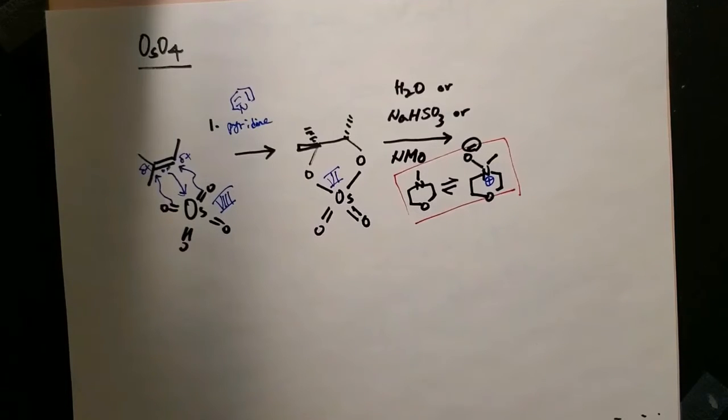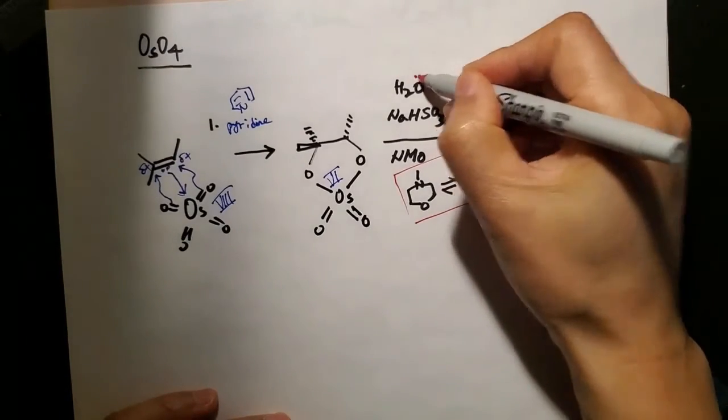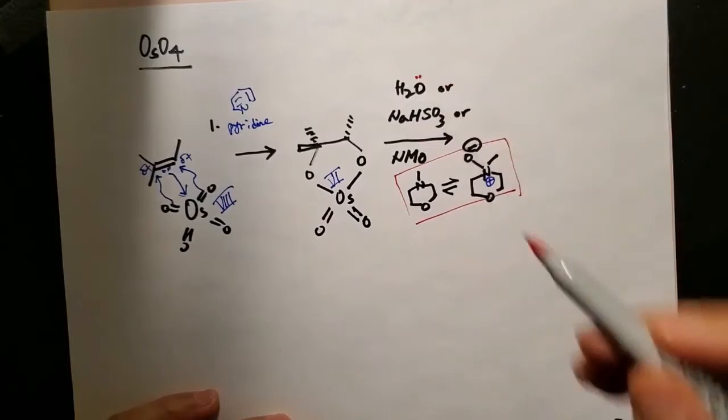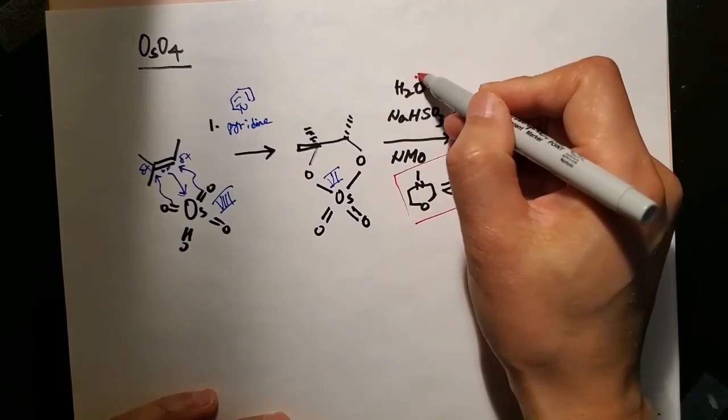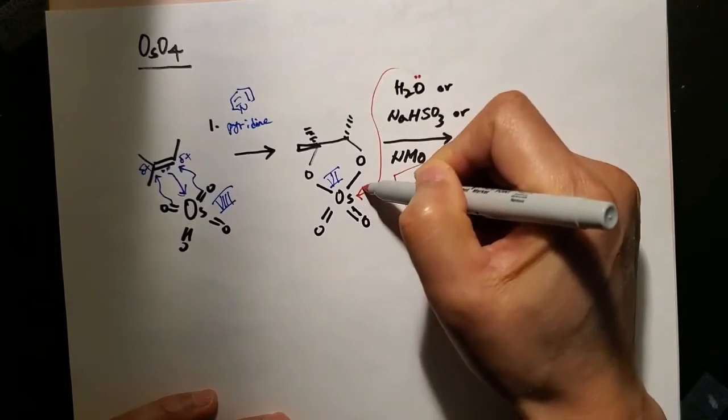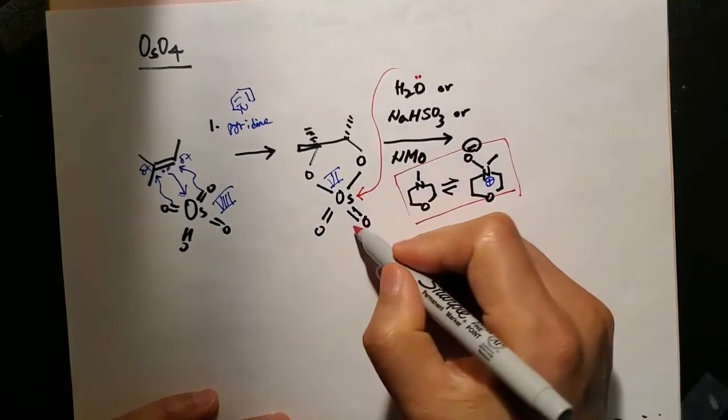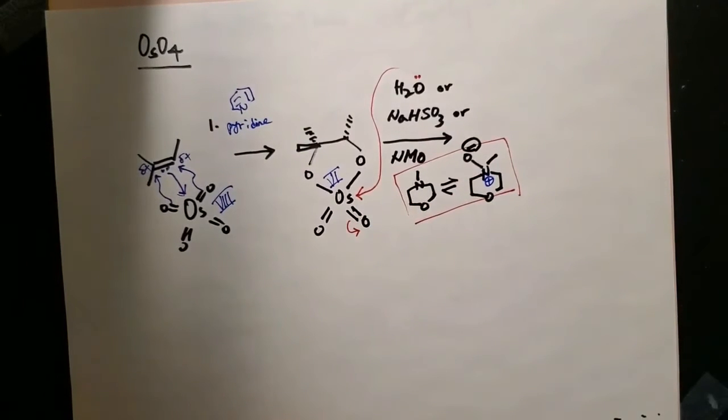So let me use the simpler version of the mechanism to make you feel better. Let me use water. All right, so the water compared to this chemical is basic because osmium is in a +6 oxidation state, highly positive, very acidic, very electron attractive. So this is giving electrons to the osmium and breaking a pi bond.